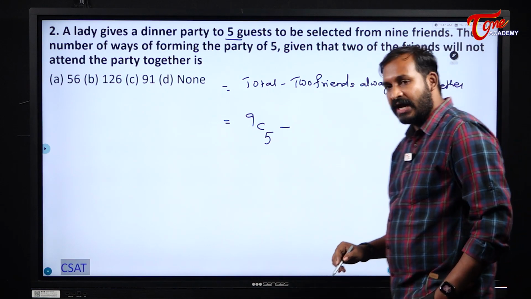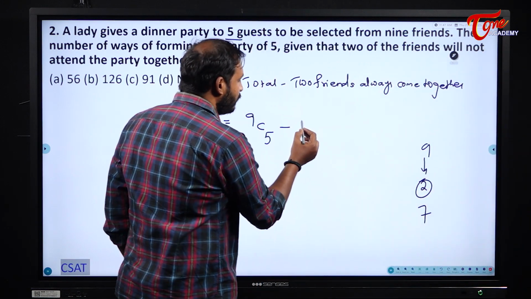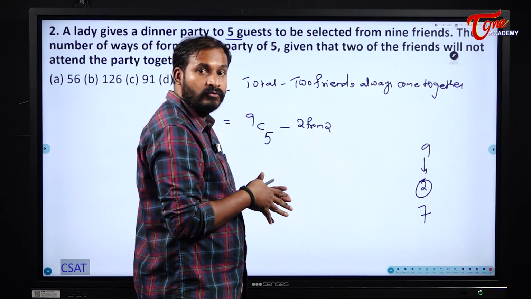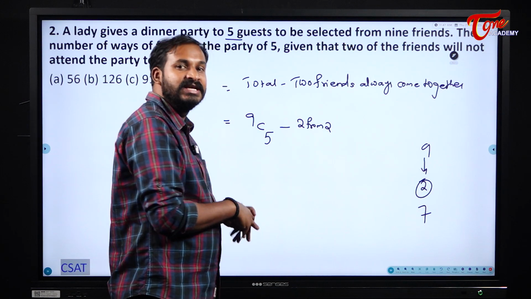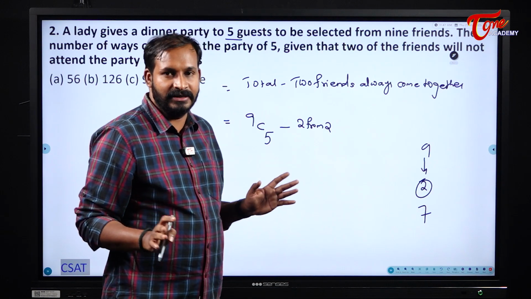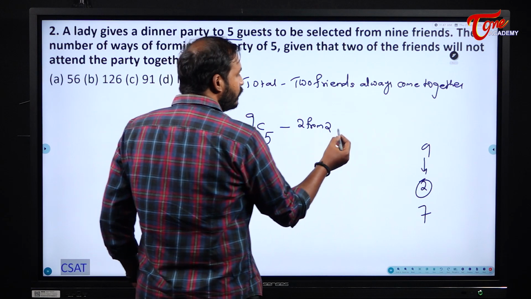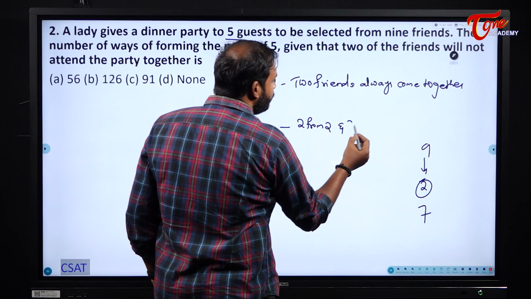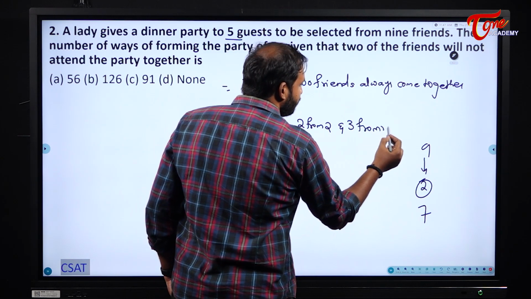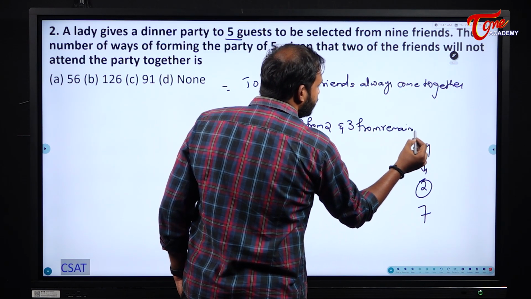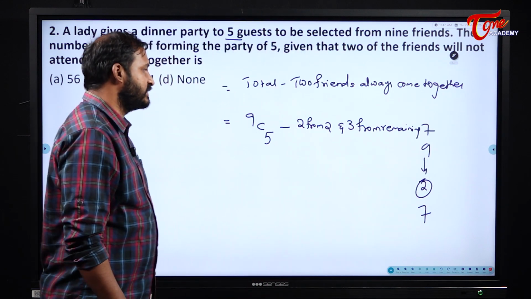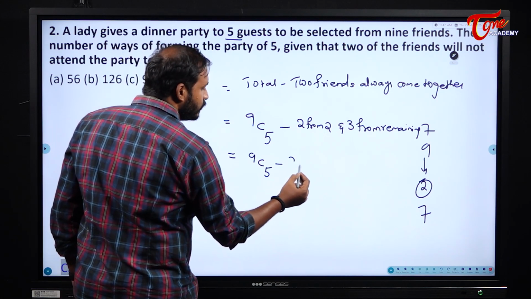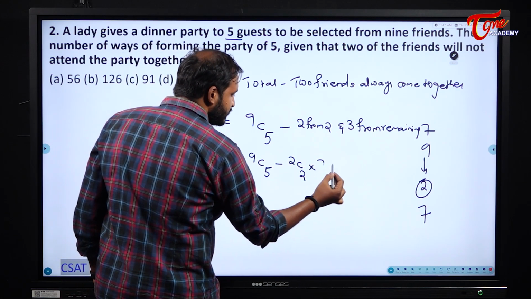I am assuming that both will attend the function, so 2 from 2, and how many more guests do I need to select? I need to select 3 from the remaining 7. So now what can I write? 9C5 minus 2C2 into 7C3.